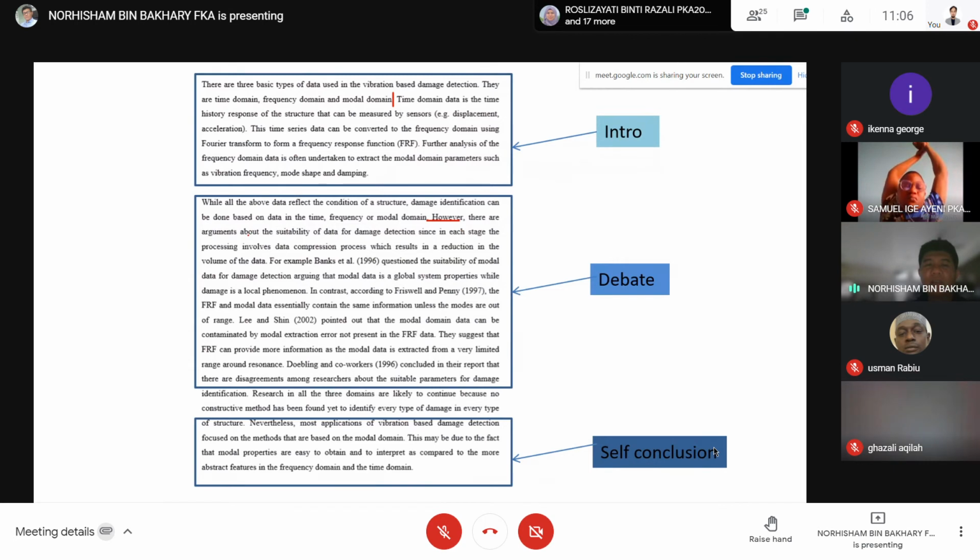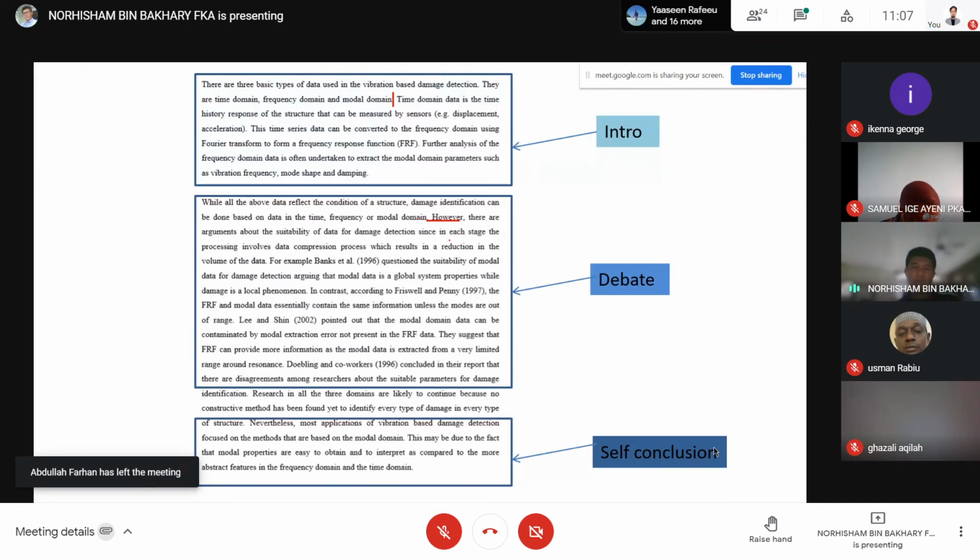There are arguments about the suitability for damage detection since each stage of the process involves data compression. So I say that because I also find that there are researchers who agree this data is good, that data is not good, and then there is no agreement about that. Okay, that's why I write here.